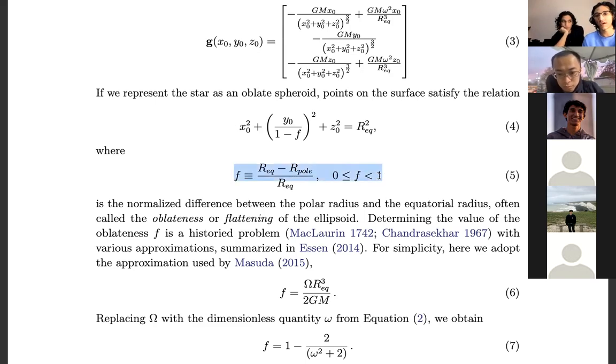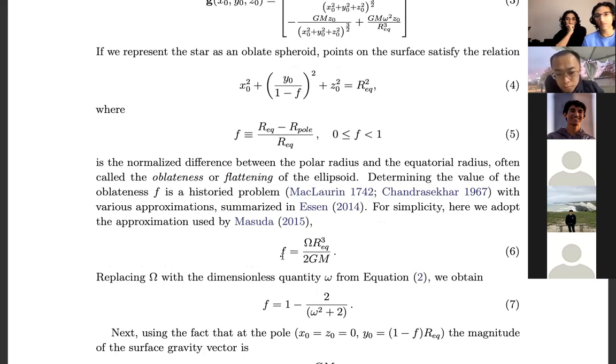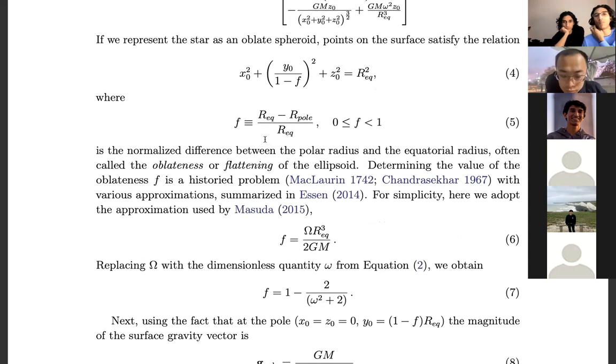This approximation F, right? There's this additional approximation, which is how much the oblateness actually is. And this is itself not an easy thing, and we use this fairly simple approximation right here. But I would also say that the number of stars where we can observe deviations from this quantity is maybe 2 stars out of all the stars that we've ever observed.